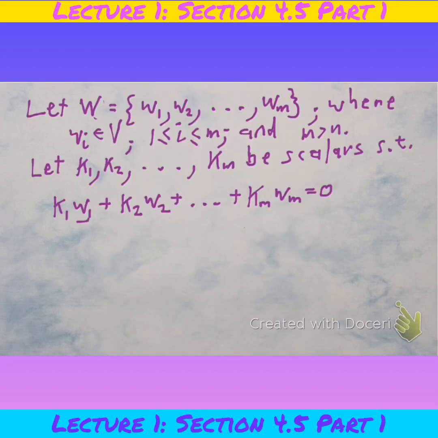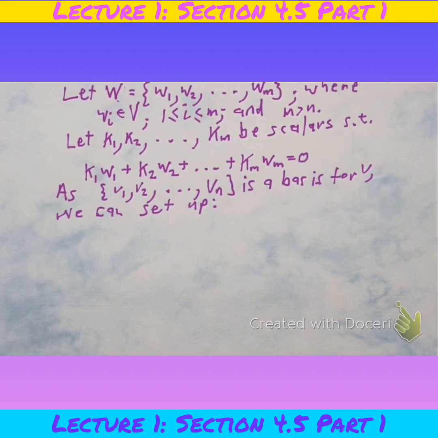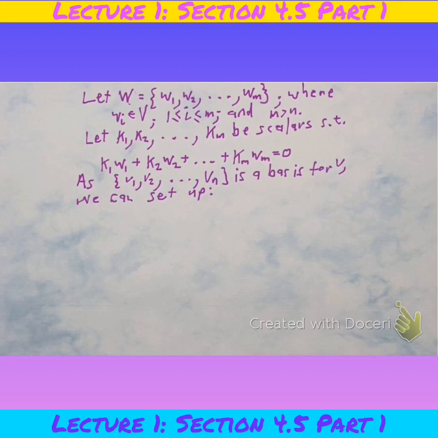Right, so we can take those W's, w1, w2 up until wm, and we can express them all as linear combinations of vectors in the basis, which is the set v1, v2 up until vn. We can set up the following system of equations. Right, so there we're going to set up our system of equations.